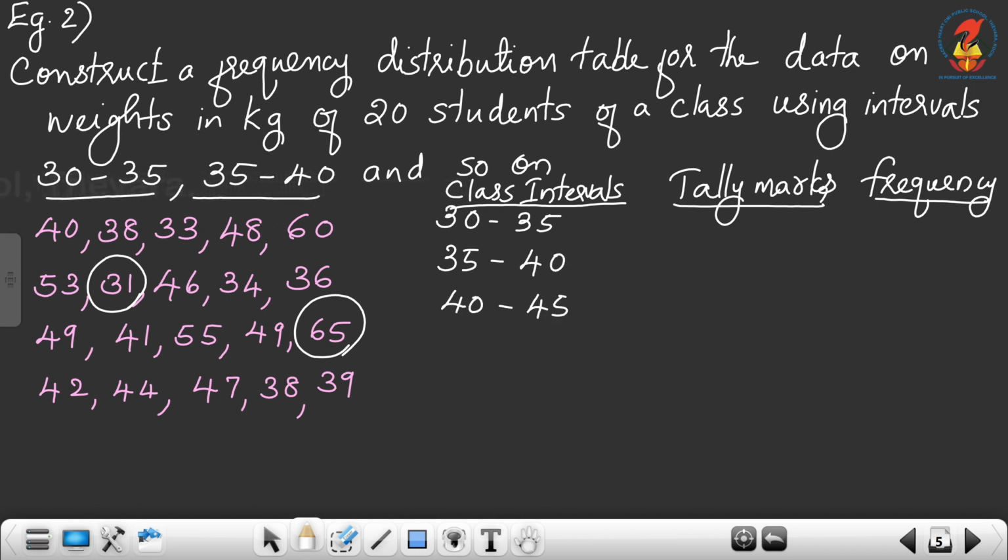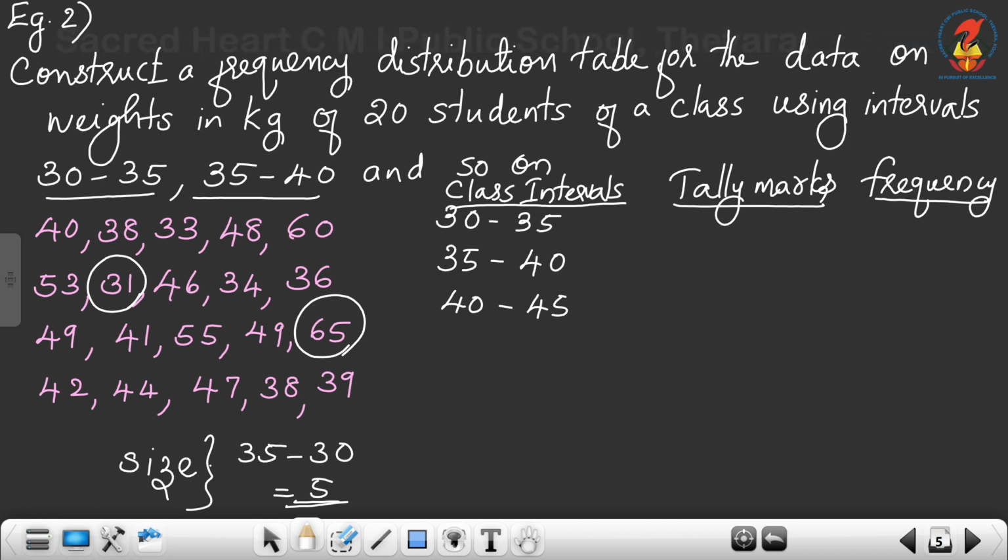Can you say what is the size of the class interval? 30 is known as the lower class limit and 35 is known as the upper class limit. The difference between the upper class limit and the lower class limit, that is 35 minus 30, is equal to 5. Therefore the size of the class interval is 5.